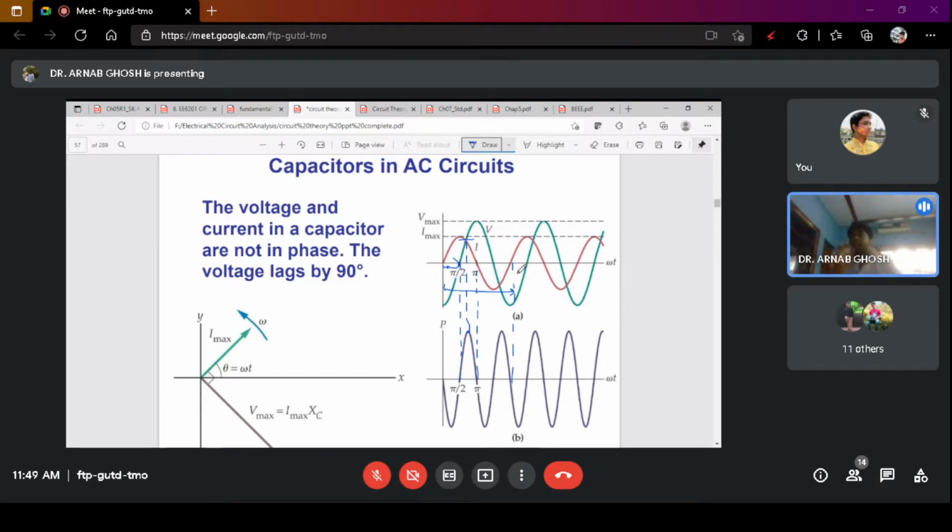So when the current wave frequency is 1, at the same time interval the power wave frequency is 2, because these are two complete waves. So when the current wave completes one cycle, the power wave has completed 2 cycles. Therefore, if the current frequency is say 50 Hertz, then your power frequency will become twice of that.